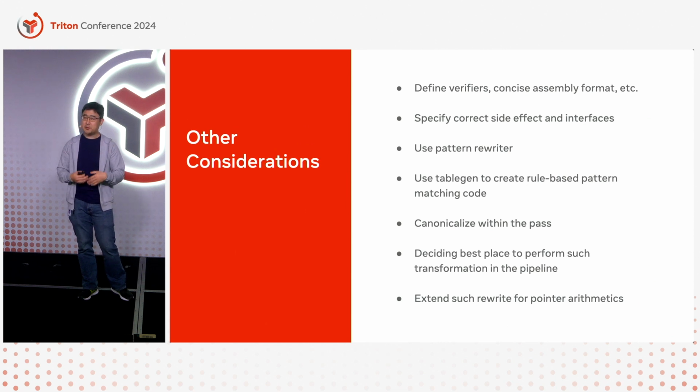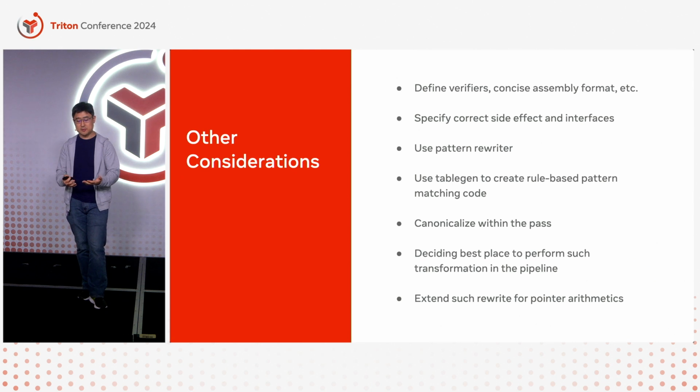So in this tutorial, we walked through a very simple example of how to do a rewrite. There are many other considerations if we're to do this for real, right? Specifically, when we define the operation, we typically would want to specify verifiers. In this example, we might want to check if the tensor operand is a tensor of floating points.